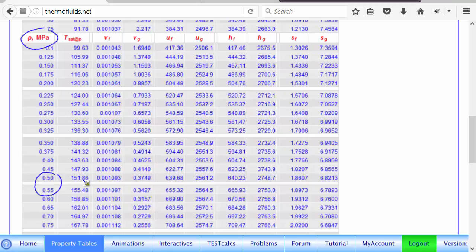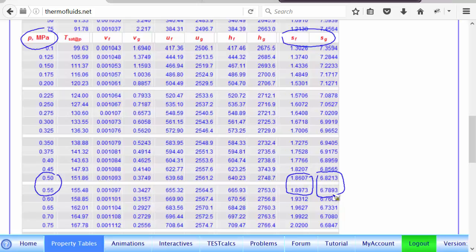And we are supposed to find SF. See, entropy are here, SF and Sg. So SF will be somewhere in between these two. Let's say we pick a value between 1.86 and 1.89, let's say just 1.87. And Sg is going to be in between those two, 6.82 and 6.78.